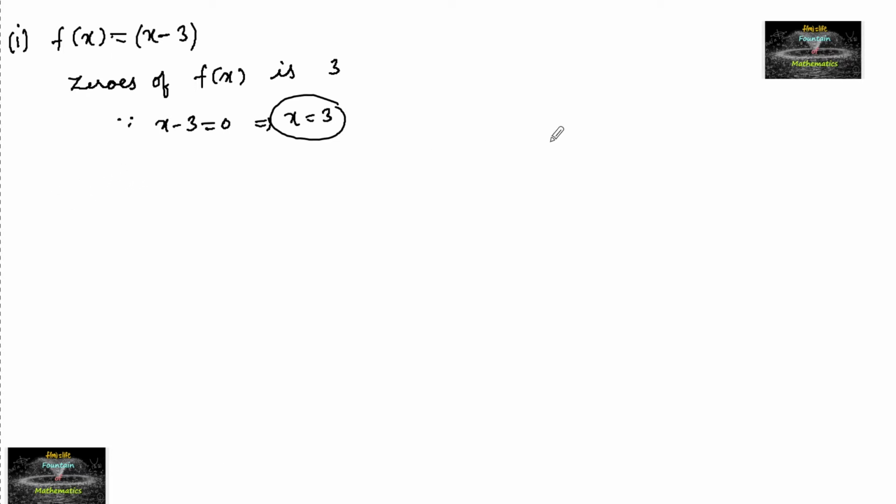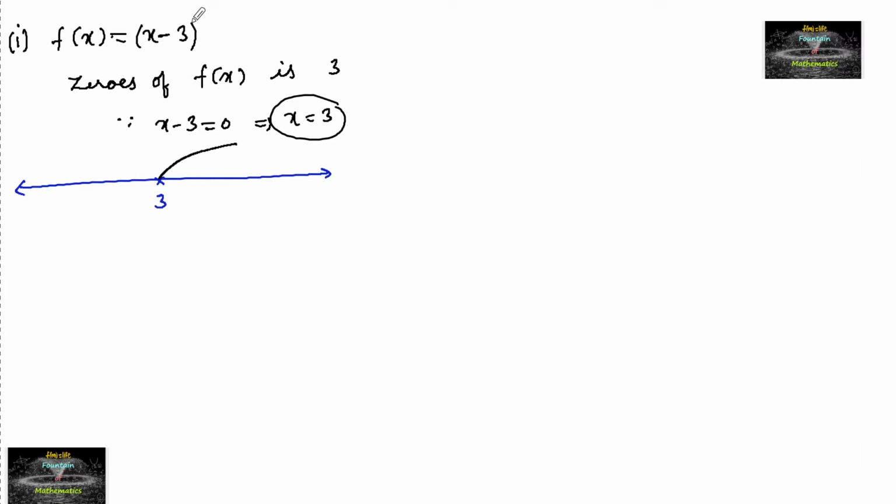So let us mark it on the number line. Take a number line and mark 3, and start taking the wavy curve from the right side of 3. Since we have only one factor, 3 is the rightmost root, so start taking the curve from the right side, from the positive side.